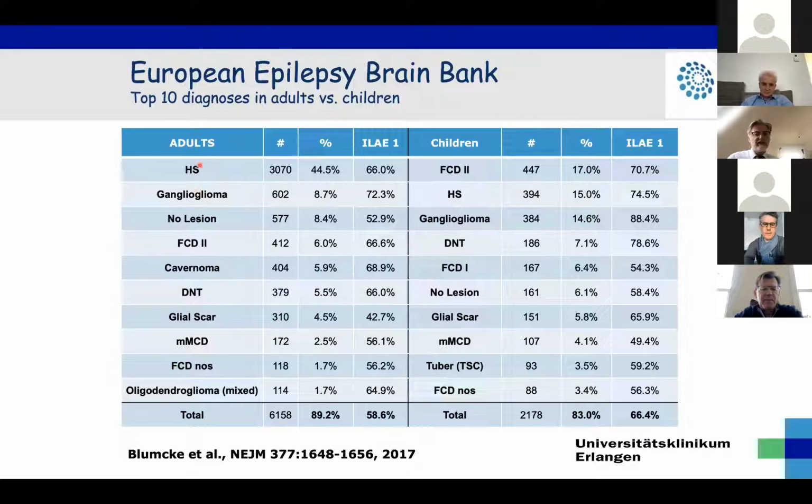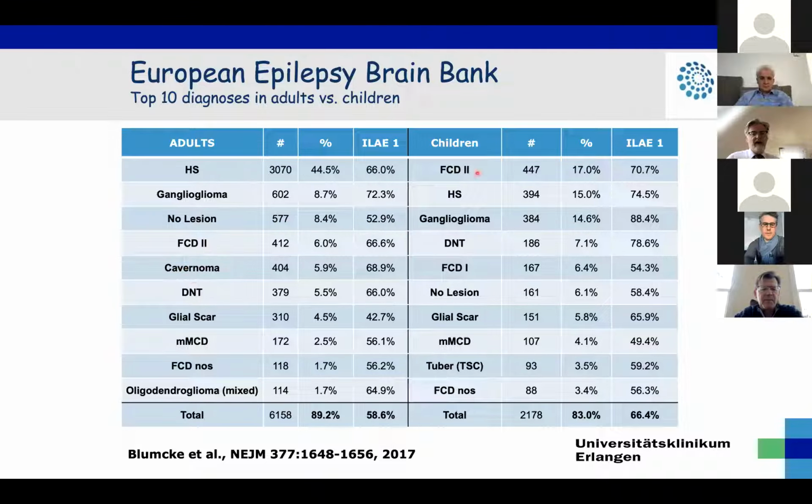And amongst them, of course, you have a different distribution amongst adults and children. In adults, the leading diagnosis still is hippocampus sclerosis, and then the low-grade glioneuronal tumors. We have many non-lesional cases, so no lesion in terms of histopathology. And then the FCD type 2, and the cavernoma, which is also the one that has the latest seizure onset amongst all of them as a category.